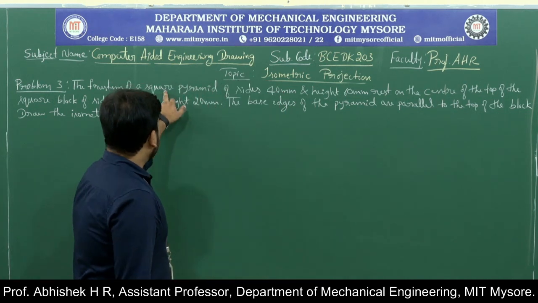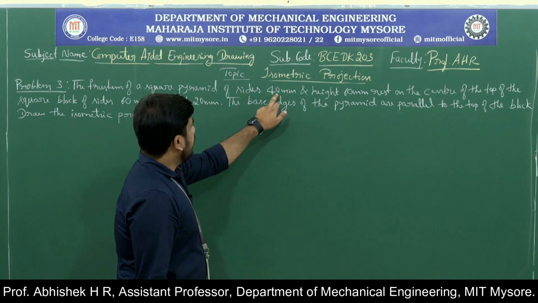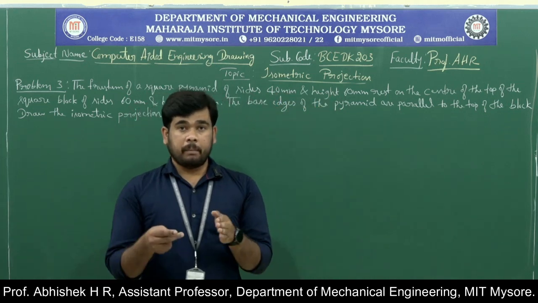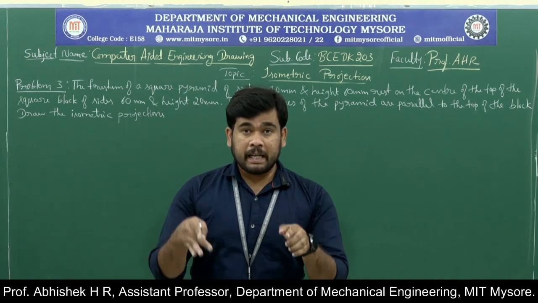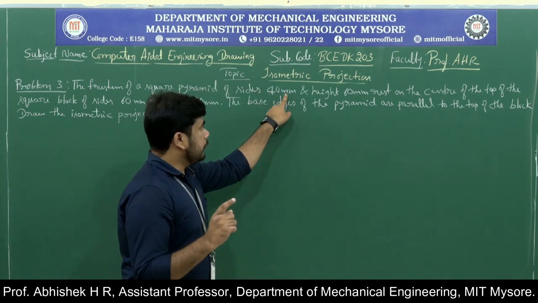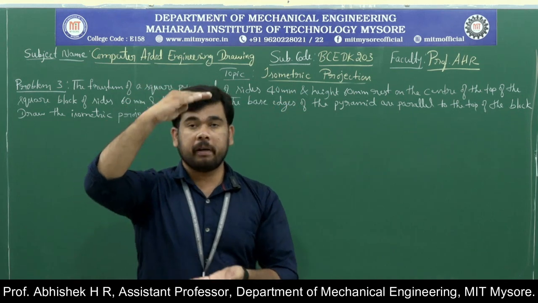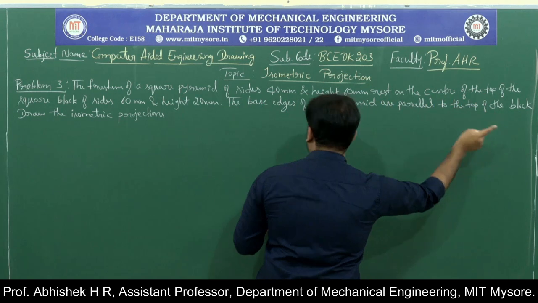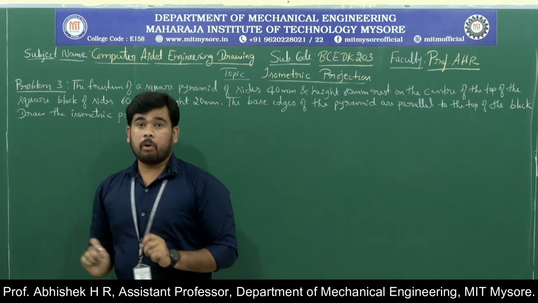So here the square pyramid sides are 40 mm and the height of the square pyramid is 60 mm. It rests on the center of the top of the square block.